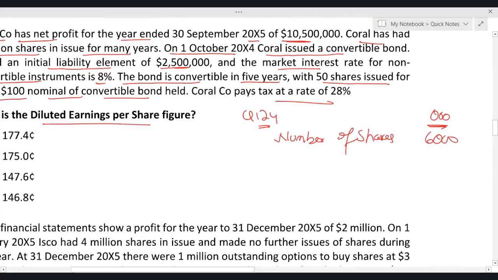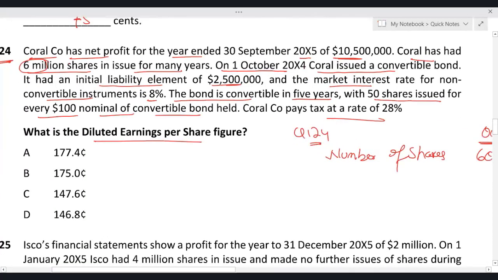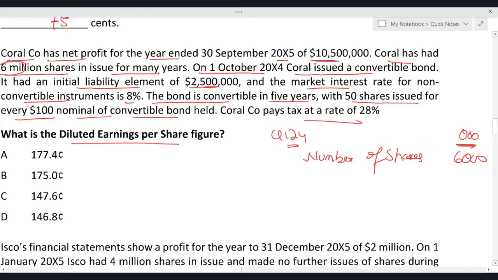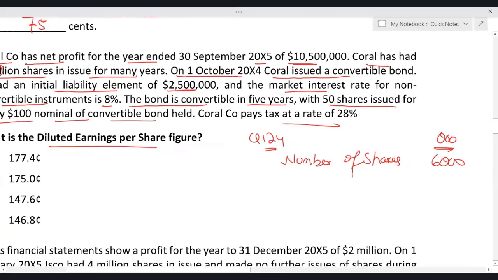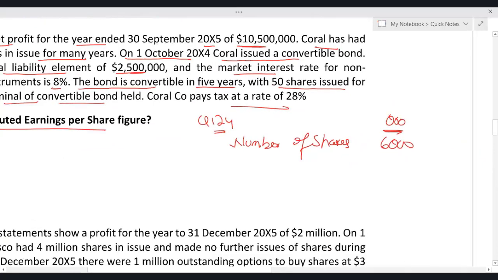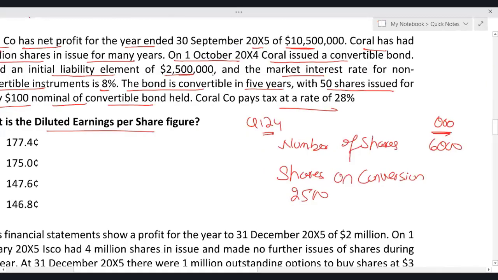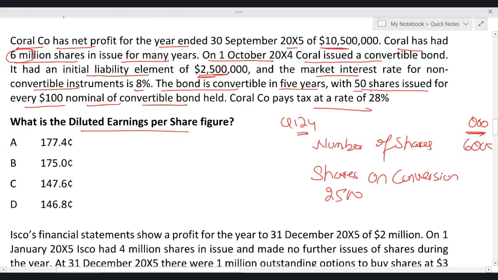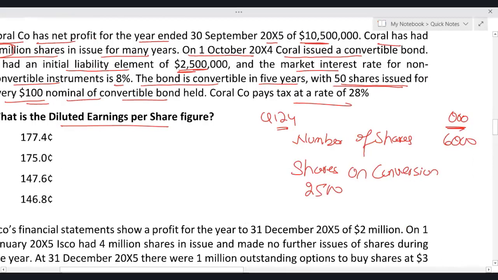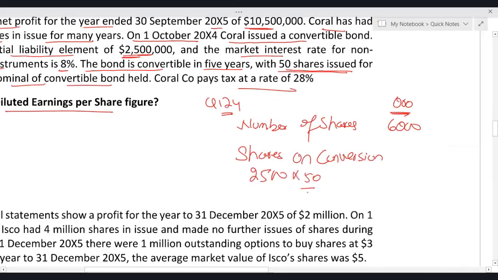When we calculate diluted EPS, we assume that all the potential ordinary shares have become ordinary shares from day one. So shares on conversion. We have ignored 3 zeros, so 2,500. 50 shares issued for $100 nominal, so multiply this by 50 divided by 100.